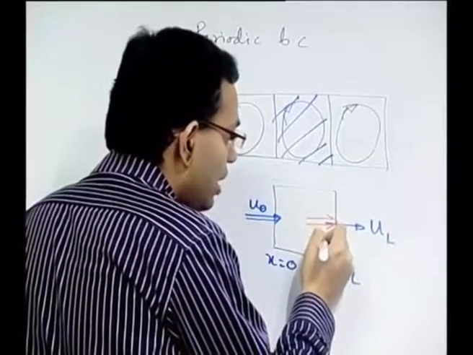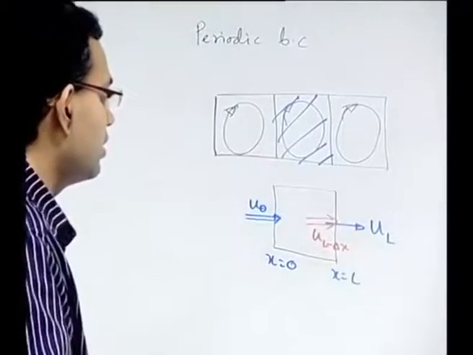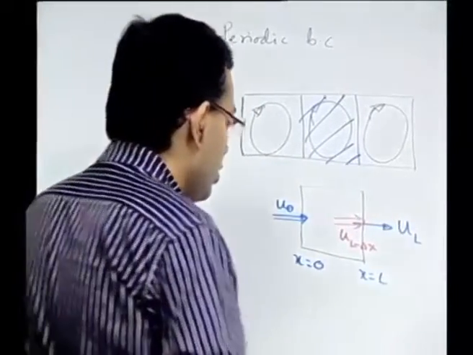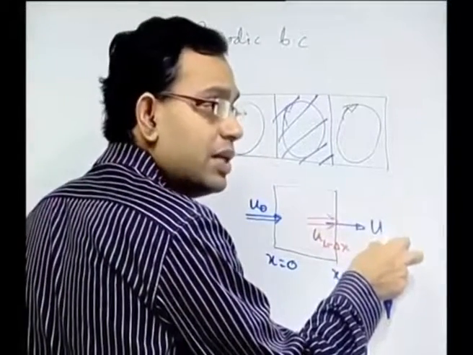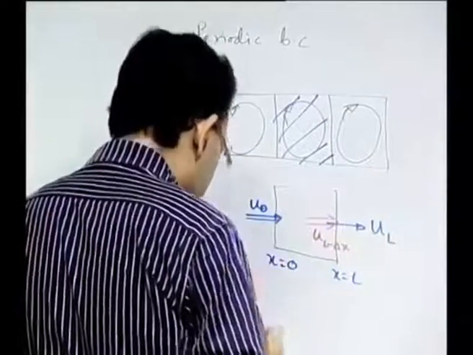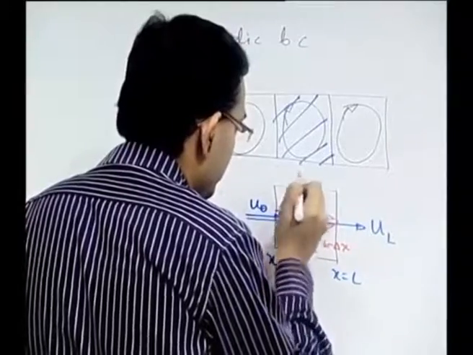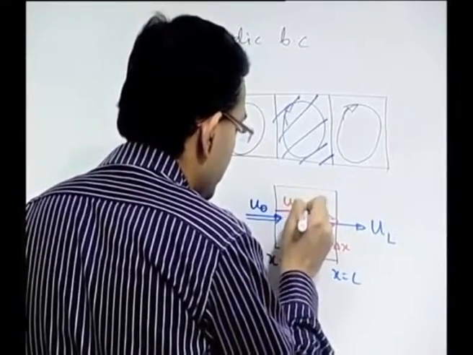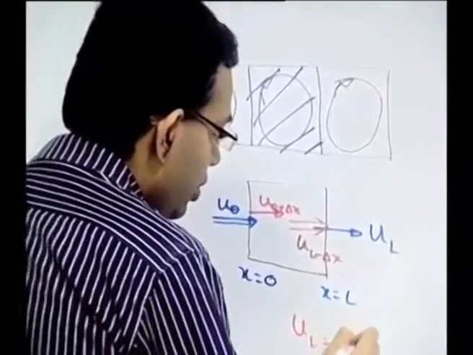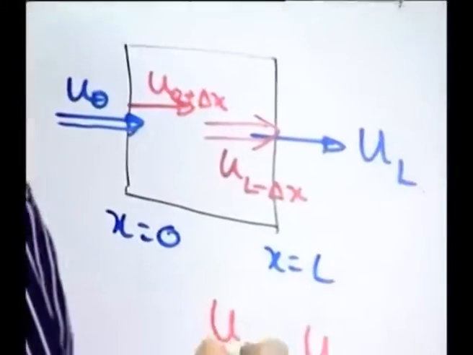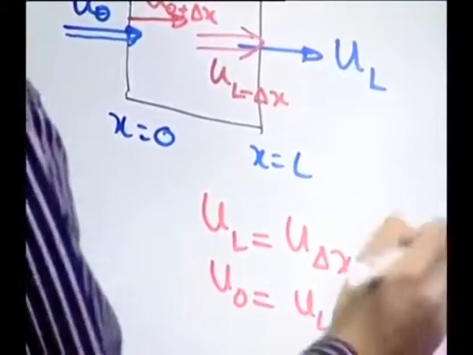So U at L minus delta x, and similarly whatever was U at 0 plus delta x, the same U is repeated at L. So we can say that U_L is equal to U at delta x and U_0 is equal to U at L minus delta x.